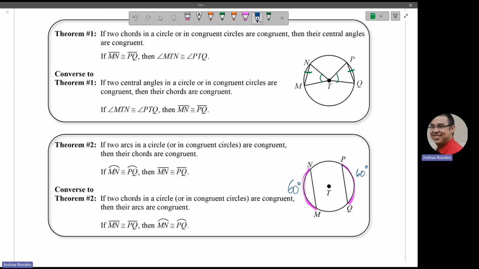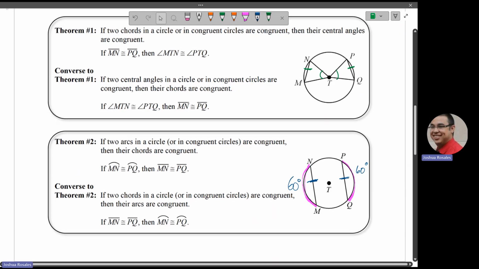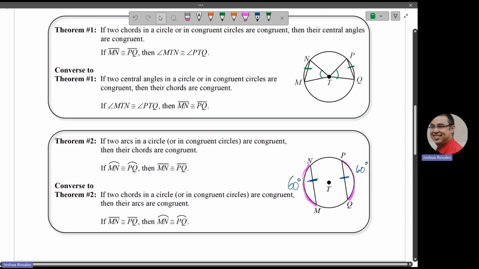If they're both the same, then the chords that are on them have to be congruent. NM would have to be the same as PQ. So that's one of the theorems. If you see arcs that are the same, then the chords that they're on have to be identical. Okay, when you're ready, flip it over to the next page.